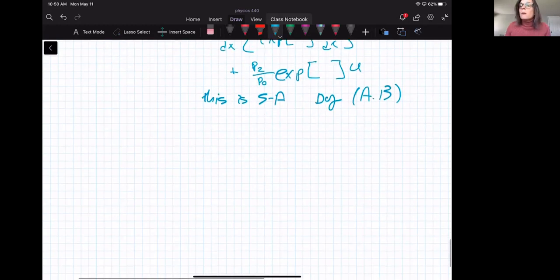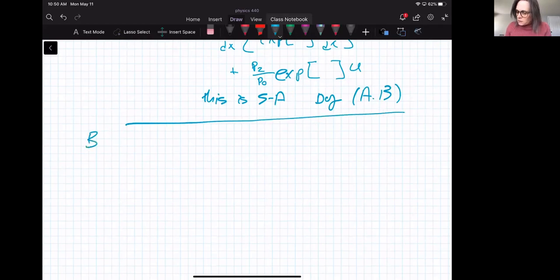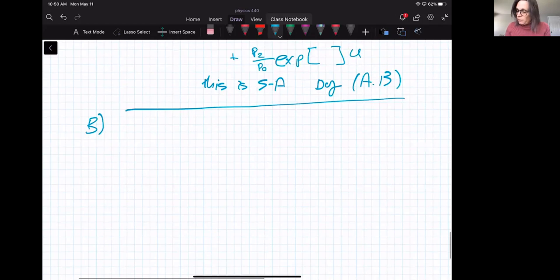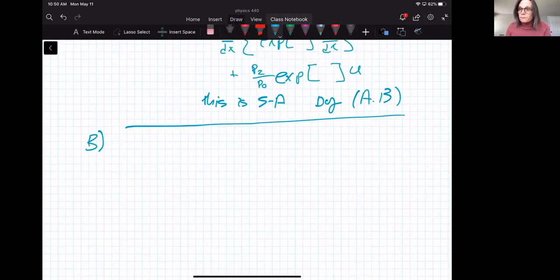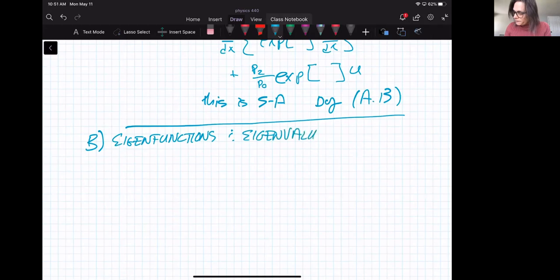I'm being mindful of our time, but I do want to get to the meat of this, which is taking this differential equation and making it an eigenvalue problem. Eigenvalues and eigenfunctions are cool and helpful.